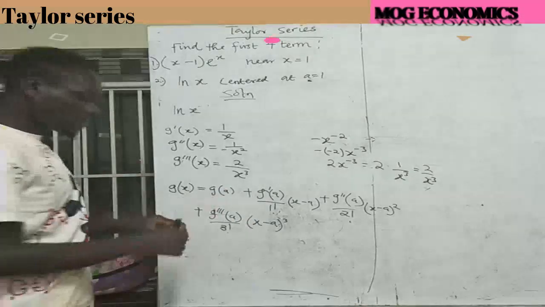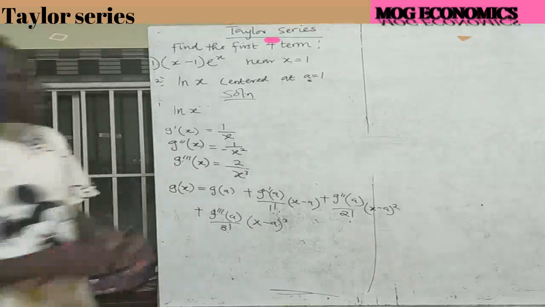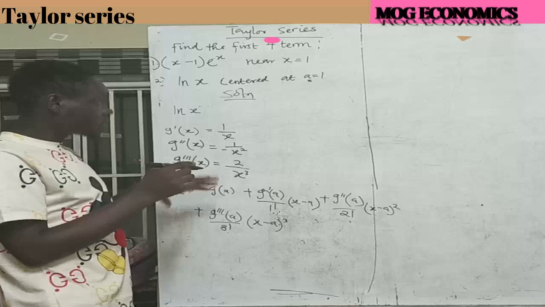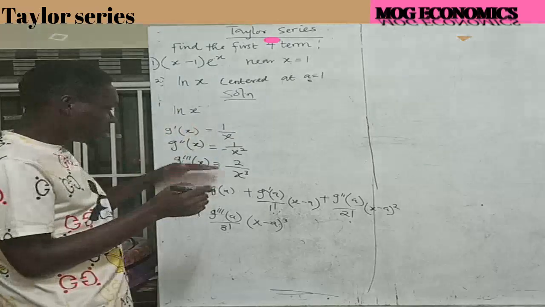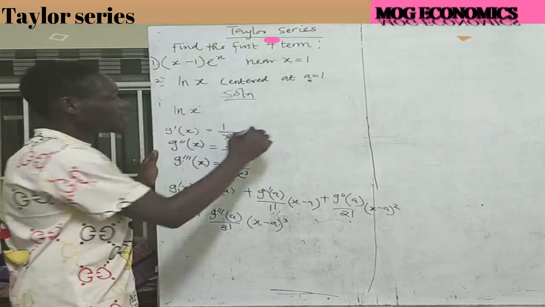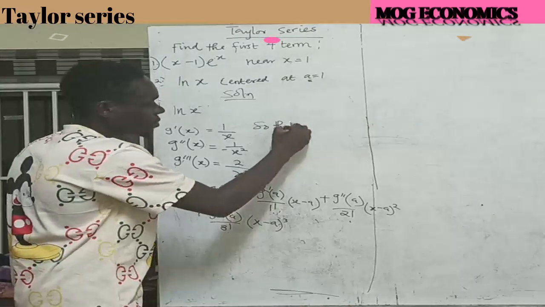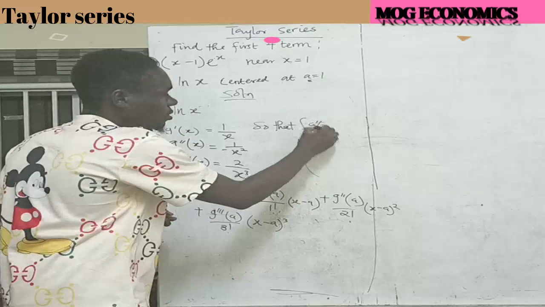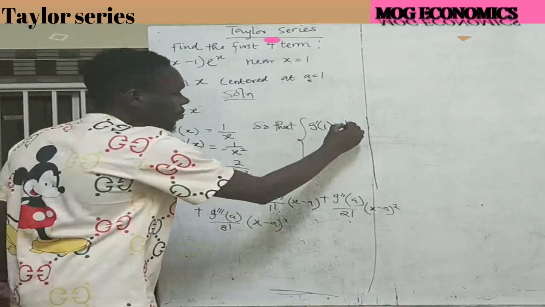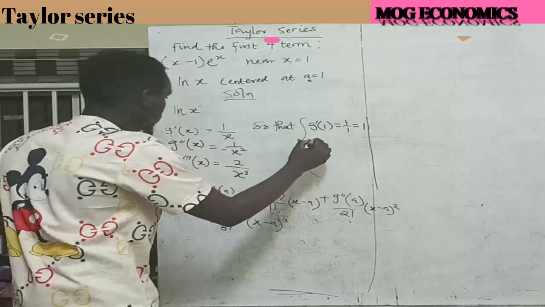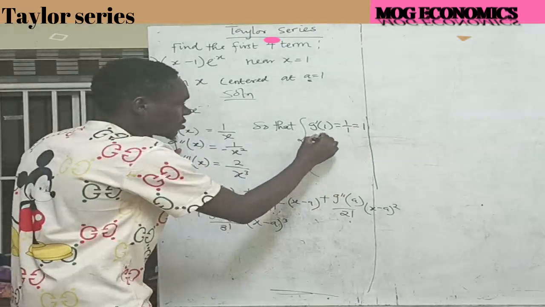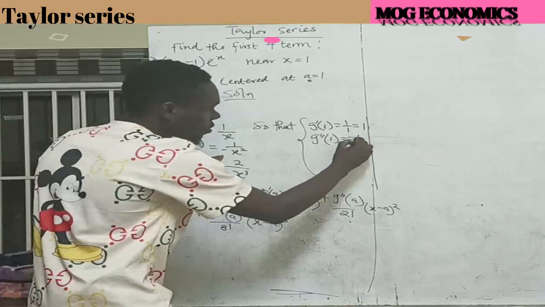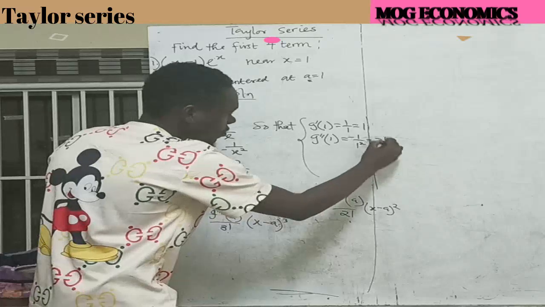So at this point, we have to substitute the 1 into the derivatives. For the first one, let's substitute 1 here. We have 1 over 1, which is 1. For the second derivative, we have minus 1 over 1 raised to the power of 2, which is minus 1.